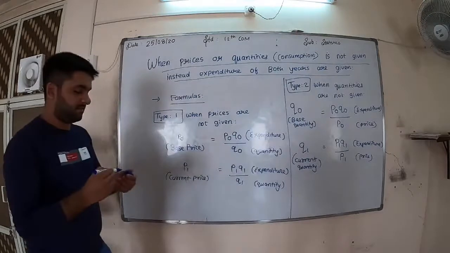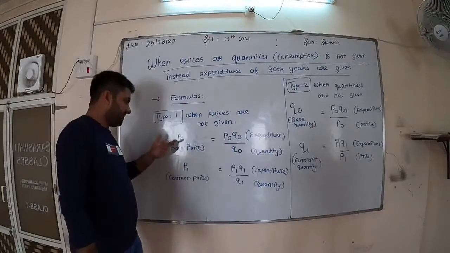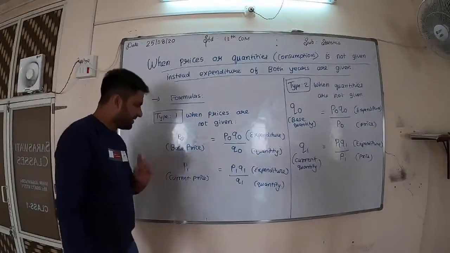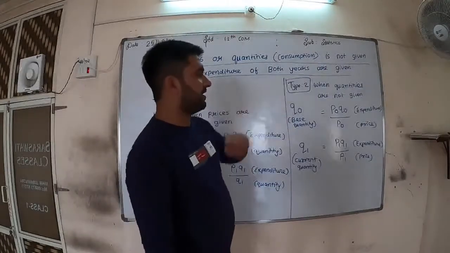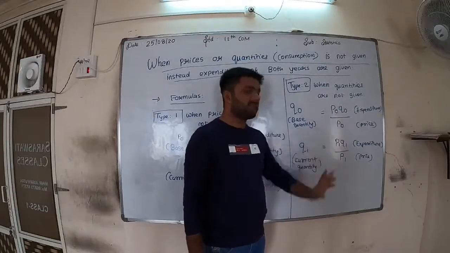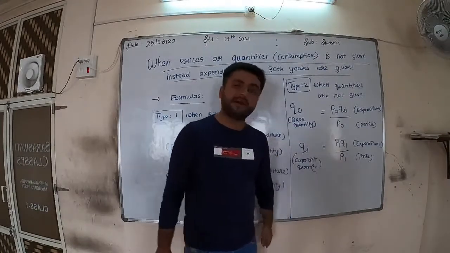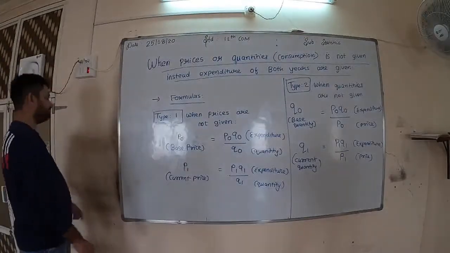Everyone note it. In the same way, when quantities are not given, Q0 is equal to P0 Q0 divided by P0, and Q1 is equal to P1 Q1 divided by P1. Simple thing. Everyone note it down.